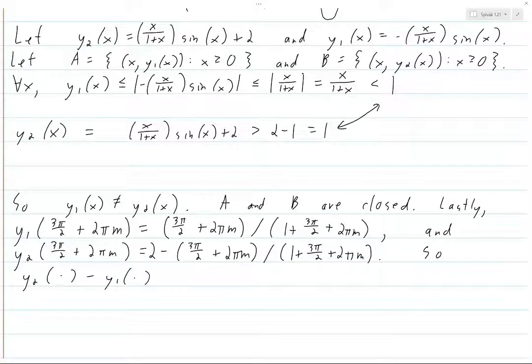So this is going to be minus 2 times this fraction, 3 pi over 2 plus 2 pi m over 1 plus and so on. By the way, this is why the division symbol looks like that, because you're just taking something divided by something, and the somethings you're denoting by dots.